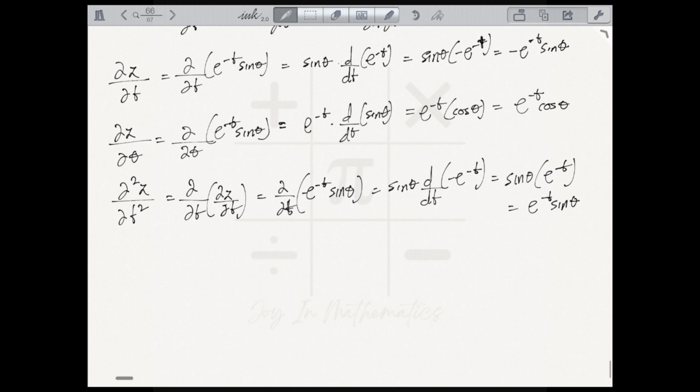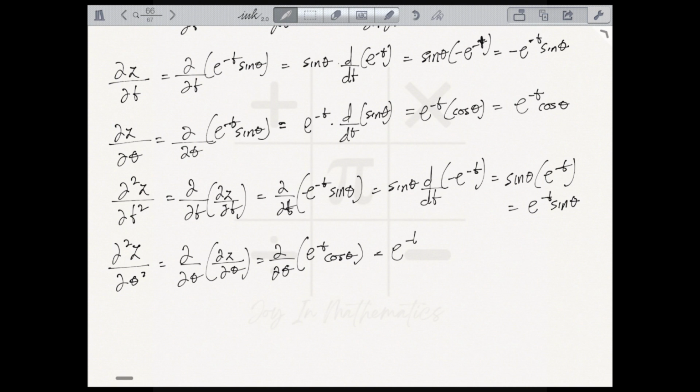Next thing to evaluate is ∂²z/∂θ², and that is ∂/∂θ of ∂z/∂θ, and that is differentiating partially with respect to θ of e^(-t) cos θ.